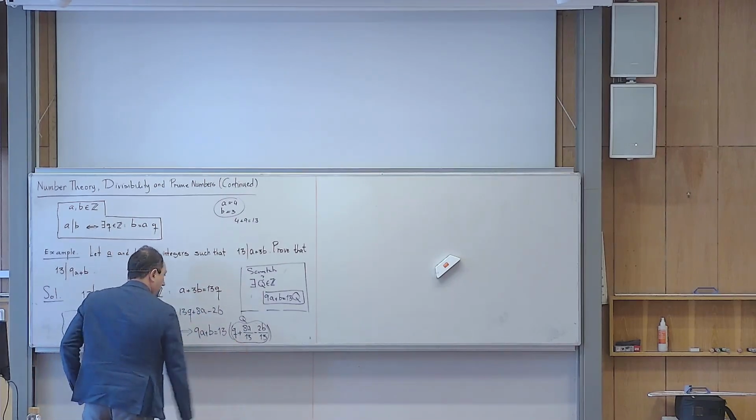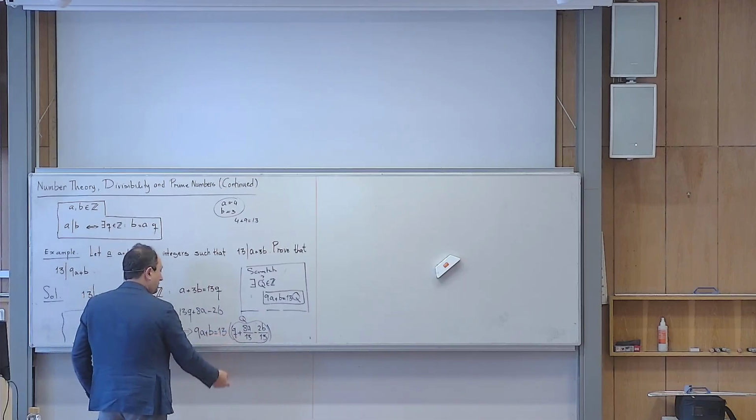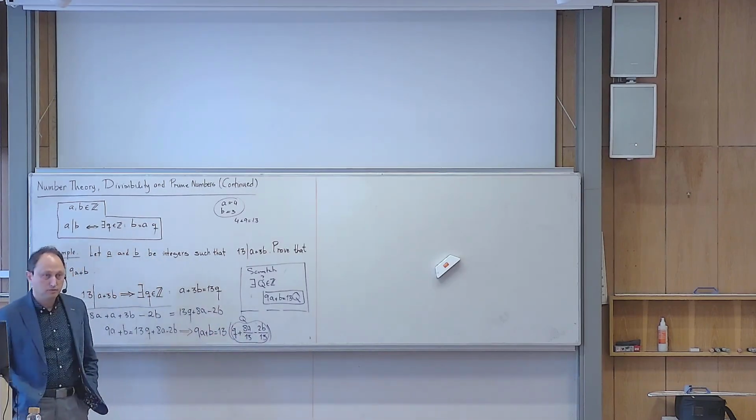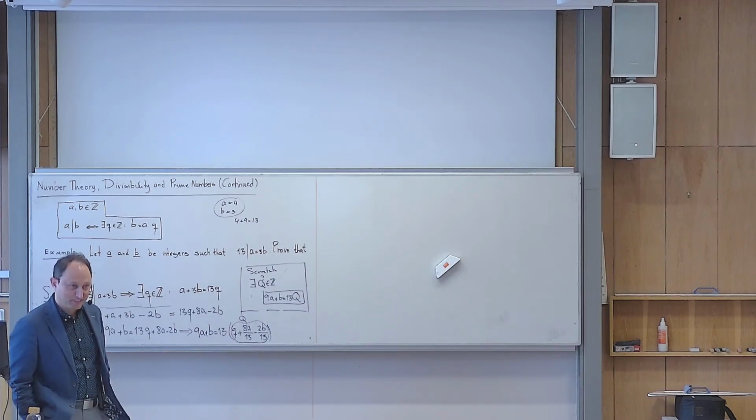Whatever I have done algebraically is completely correct. But the last conclusion, that from here I can conclude that this number is divisible by 13. Is it true or false? Yes? Do you understand what I'm saying or not? Yes? Yeah. You can't prove that that is an integer.